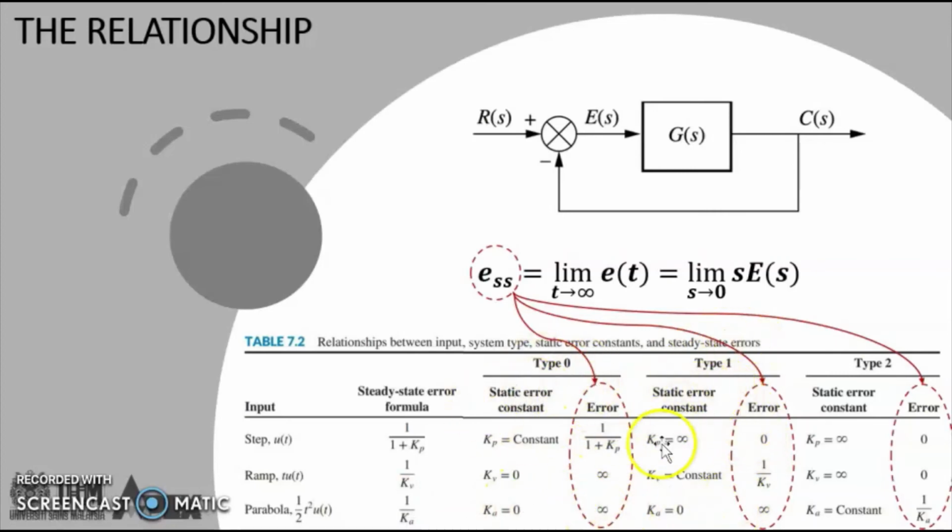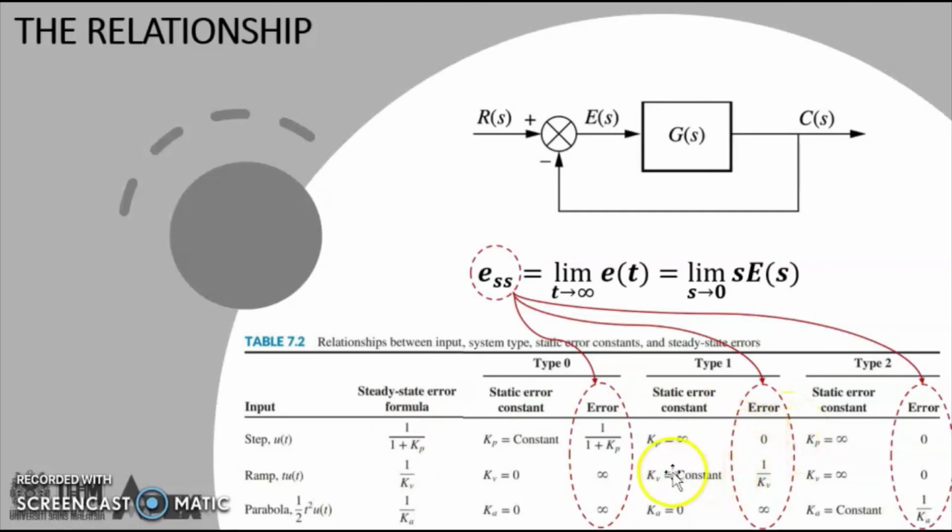Then type 1. The value of kp will be infinity. kv is constant. You have that constant value, meaning that there's a value for the error, but ka will give you 0. And so again, you just substitute kp in here. 1 plus infinity is infinity. 1 over infinity will give you 0.